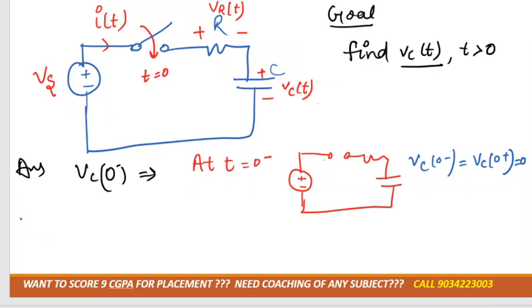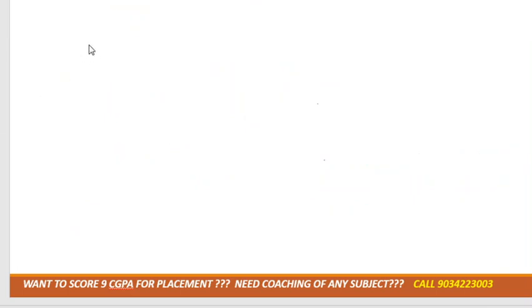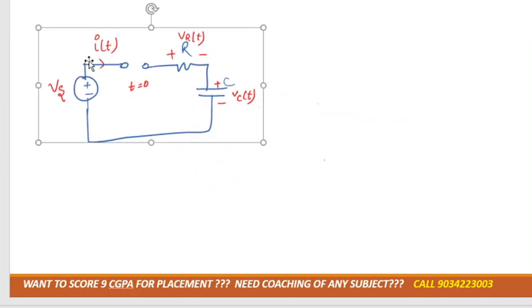Now again we need to draw the circuit for t greater than 0. Tell me, at t greater than 0, is the switch open or closed? It is closed at t equal to 0, so it will be closed, right?